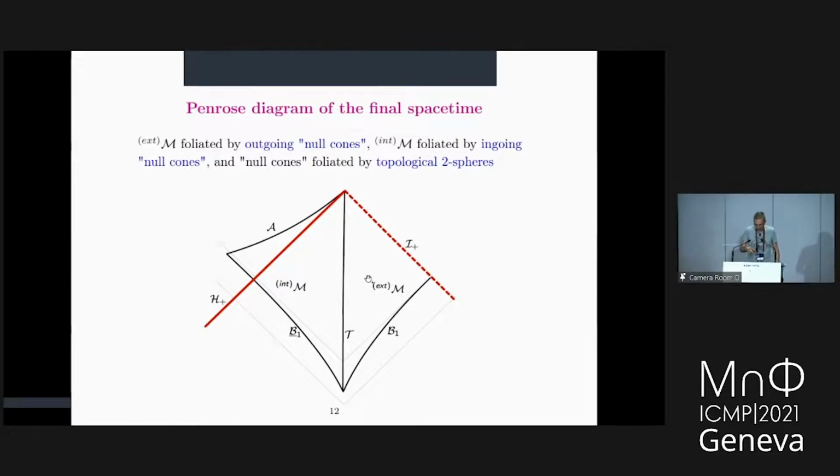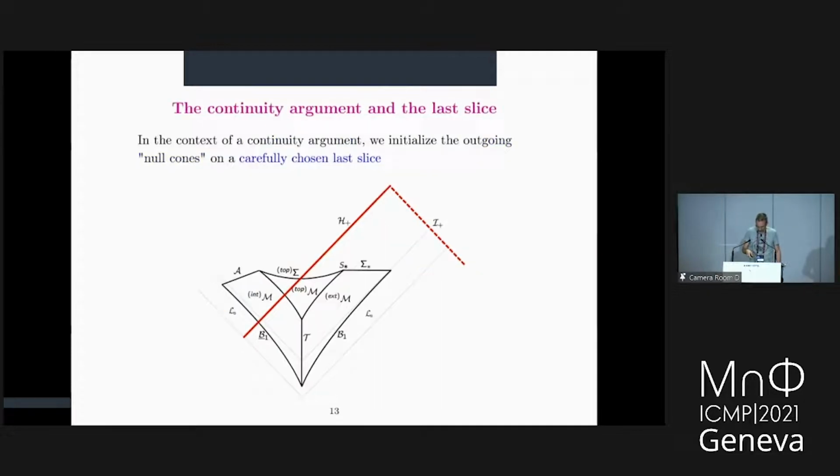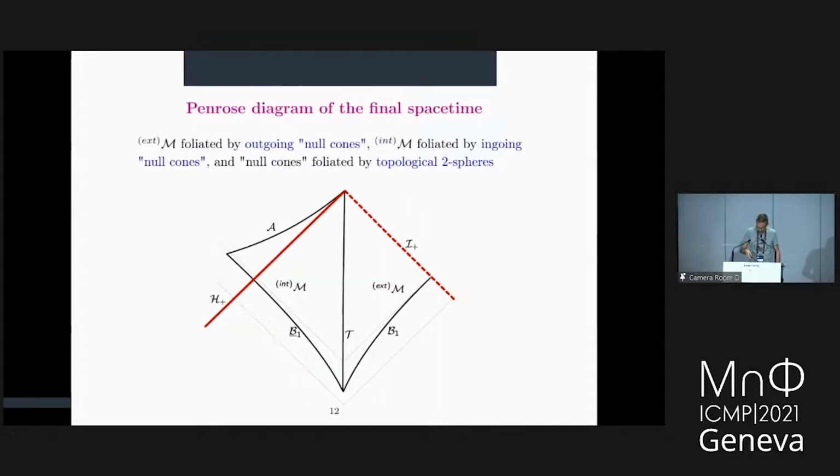Okay, so now why do I talk about these particular regions? I want to mention that they are foliated differently. So here we choose to foliate this exterior region by outgoing null cones. And the interior region, on the other hand, is foliated by ingoing null cones, ones that go towards the horizon. Okay, and finally, let me mention that there is also a function R that I keep talking about.